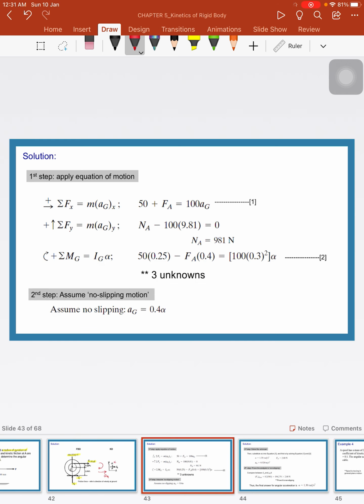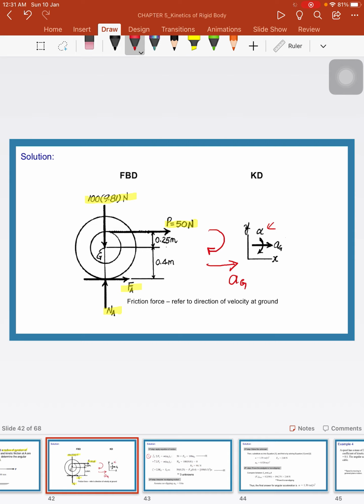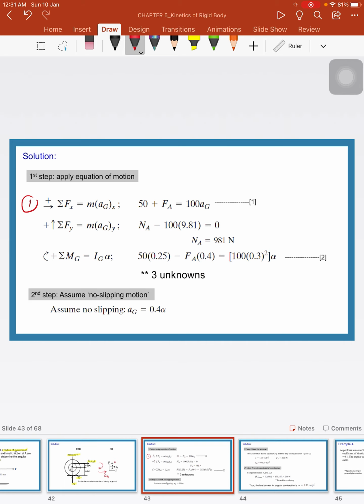Next, apply the equations of motion. First, summation of Fx equal to m(Ag)x. So 50 plus FA, the friction force, equal to m(Ag), 100 times Ag.